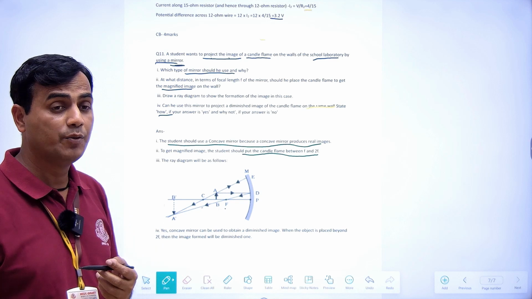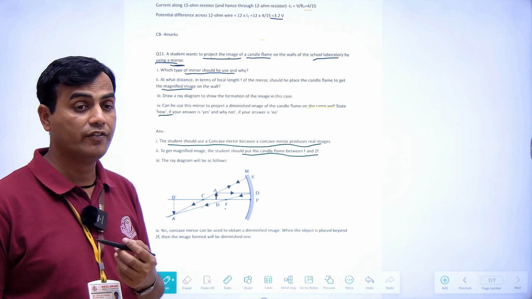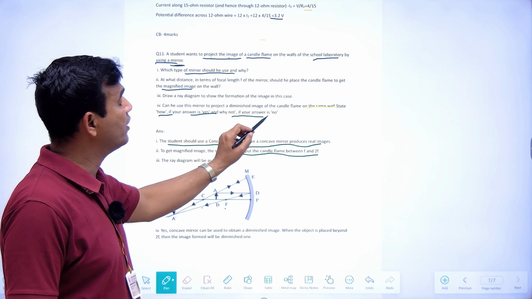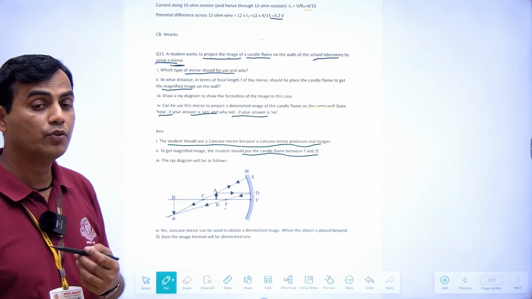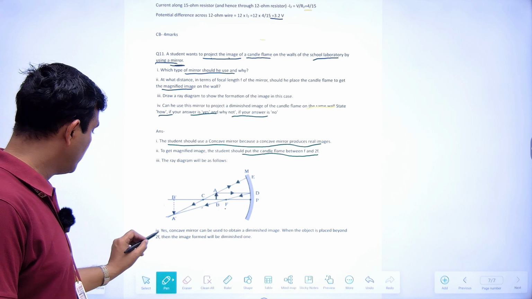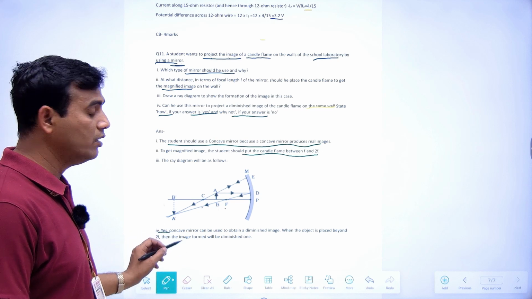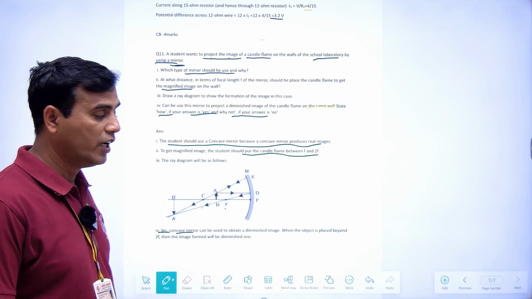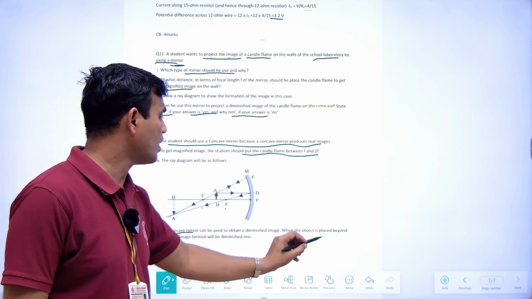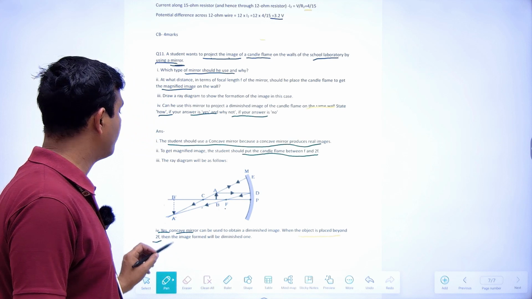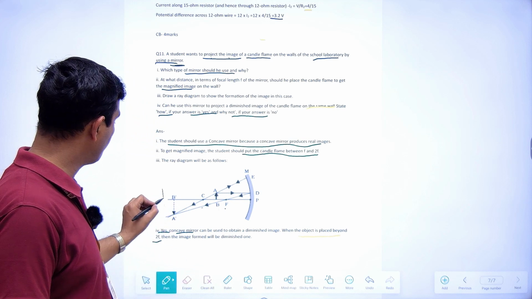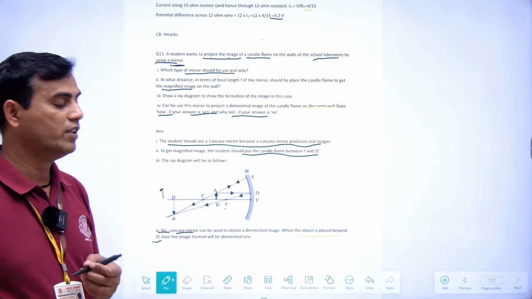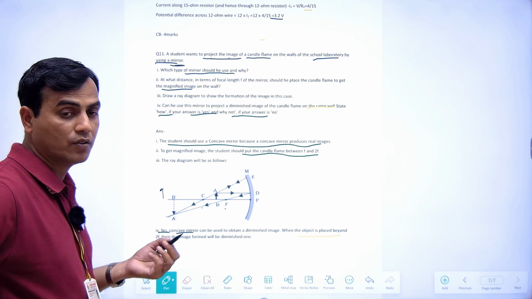If your answer is yes, or if your answer is no, we have to prove it. So yes, we can get a diminished image also in a concave mirror, by putting the object beyond 2f. When we put the object beyond 2f, then we will get a diminished image in a concave mirror.